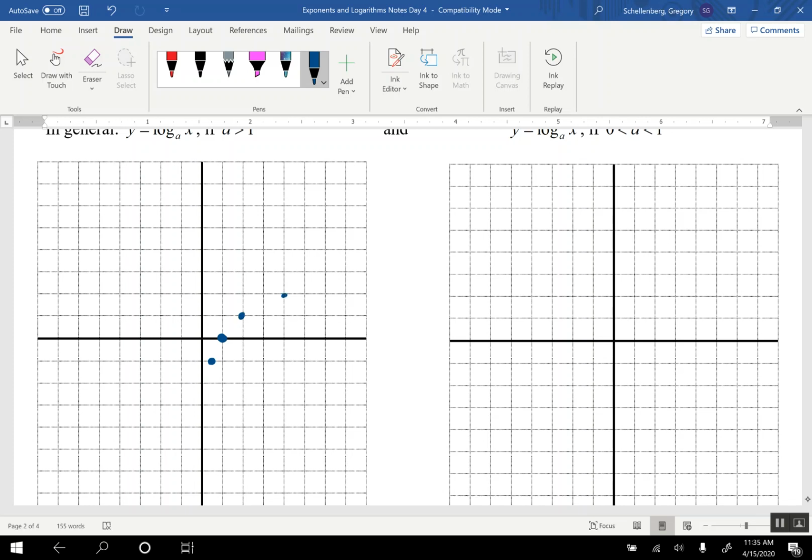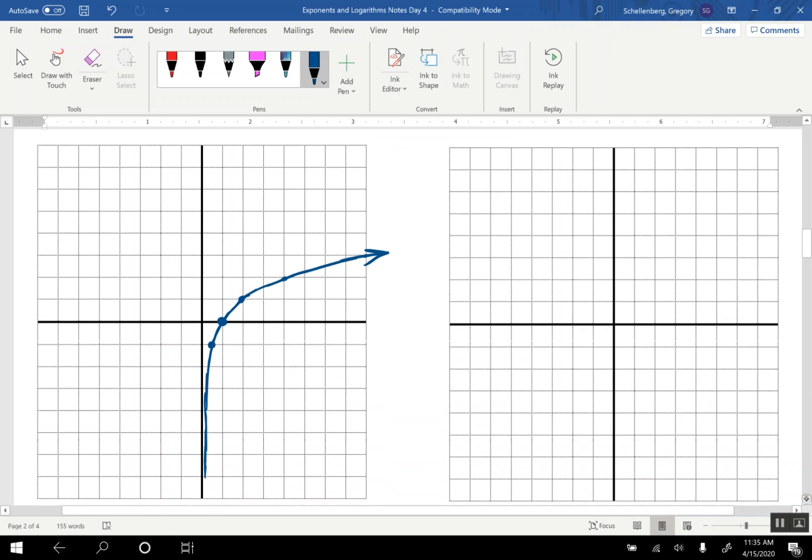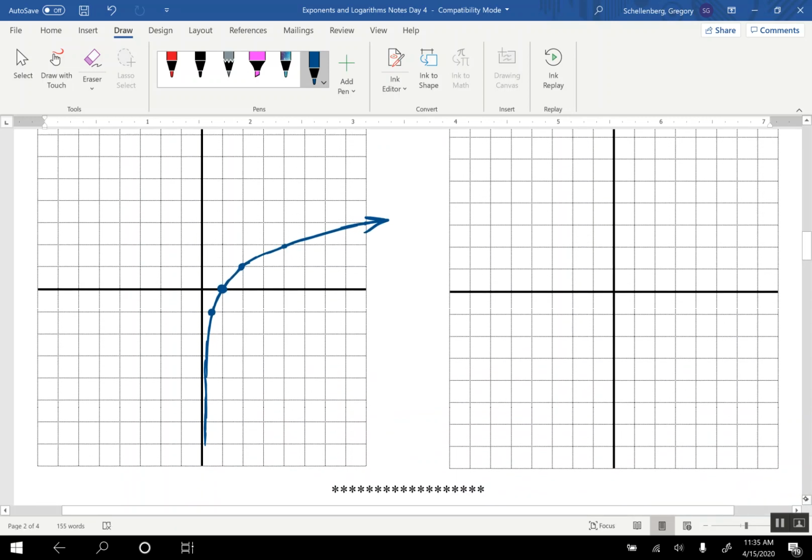And I'll just fill in the gaps a little bit here, but this is the basic shape of a logarithmic function with a base greater than 1. Okay, something like that.